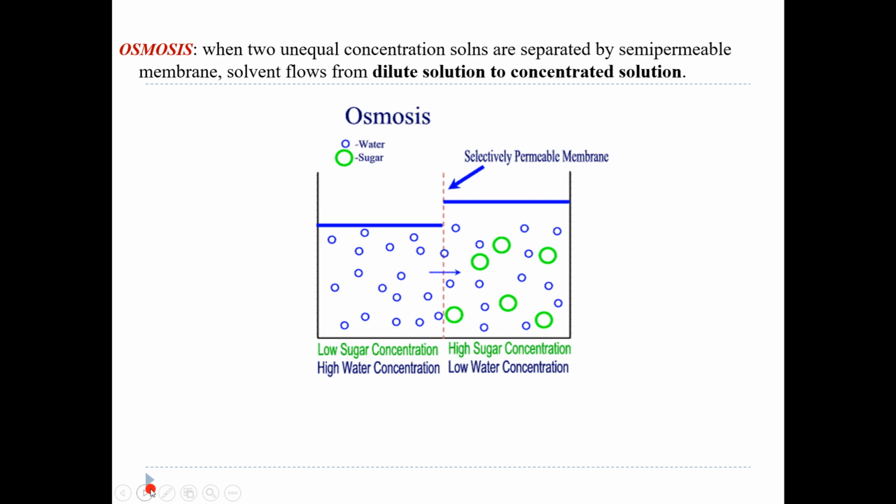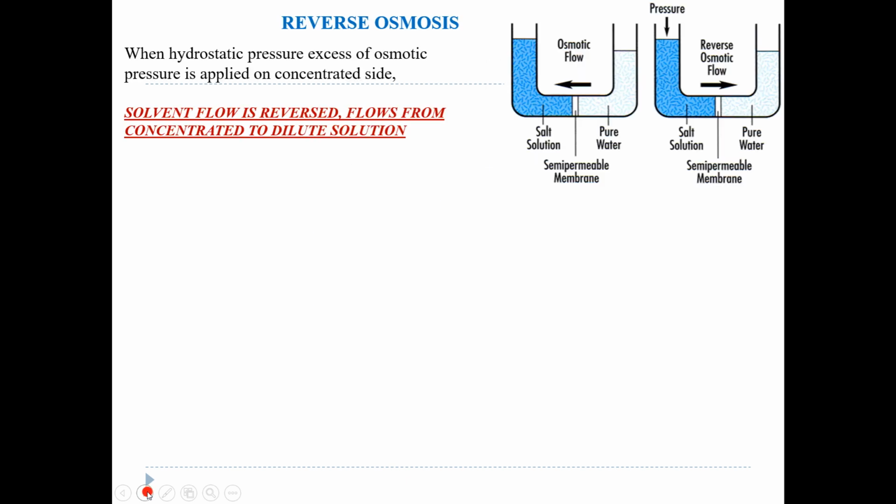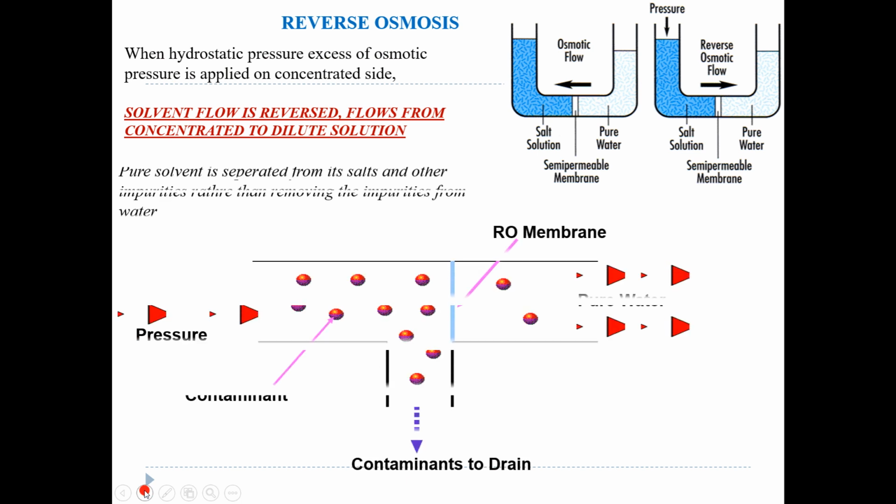And reverse osmosis is exactly the opposite, the reverse of osmosis. It is the process where the solvent flows from higher concentration to lower concentration, concentrated solution to dilute solution. And how does this happen? Because hydrostatic pressure in excess of osmotic pressure is applied on the concentrated side. So when this pressure is applied, the solvent flows from concentrated to dilute solution.